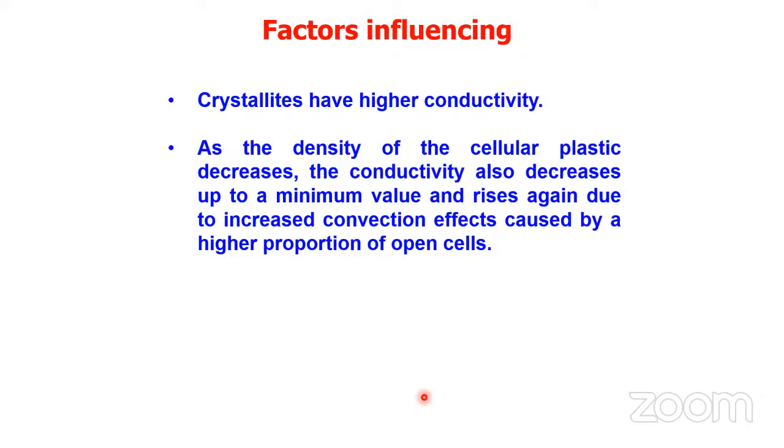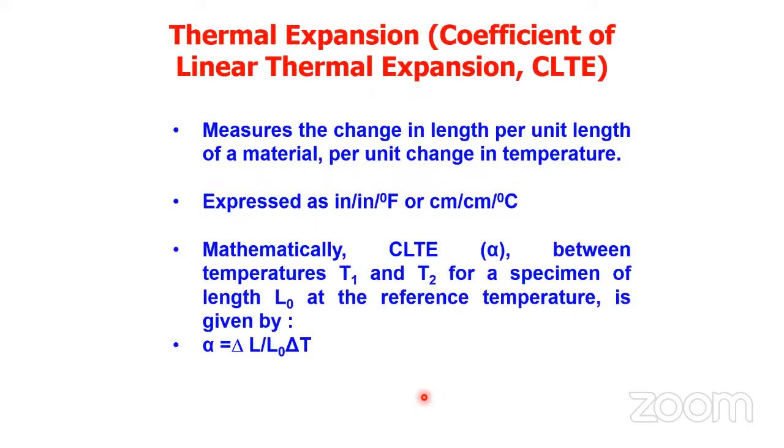As the density of the cellular plastic decreases, the conductivity also decreases up to a minimum value and rises again due to increased convection effects caused by a higher proportion of open cells present in your polymeric system.